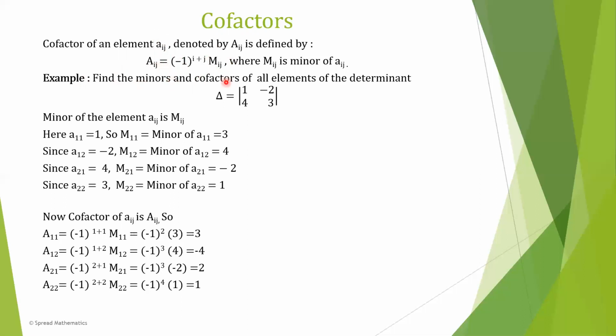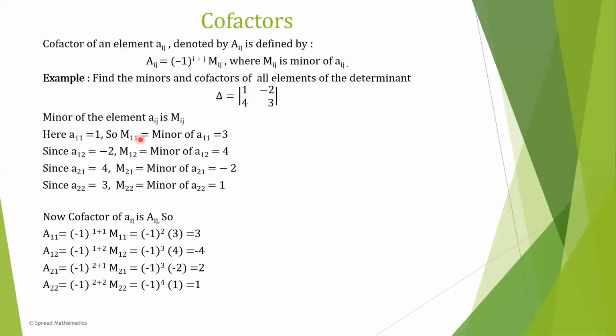Find the minors and cofactors of all elements of this determinant. This is a determinant of order 2. The minor of element aij is Mij. Here you can see a11 means first row, first column.